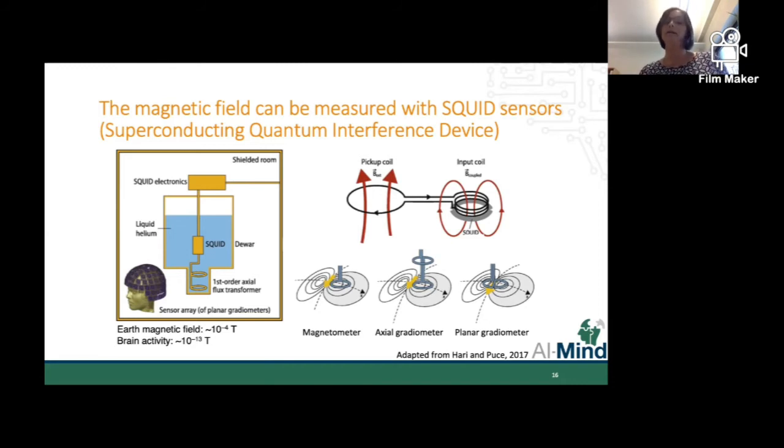And this way, the background noise will be cancelled out. In the systems that we use within this project, we have magnetometers and planar gradiometers that have two loops next to each other. These planar gradiometers measure the derivative of the magnetic field and show a maximum signal right above the current source.